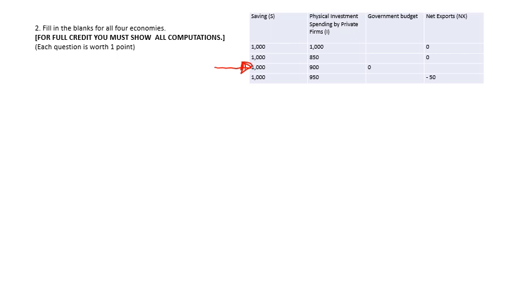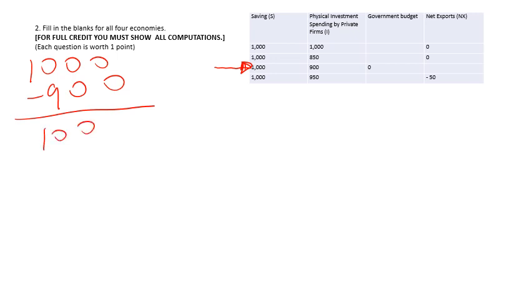All right, this is the third situation. So what do we start off with? We start off with $1,000 billion in our financial pool. That would be an injection. How much is withdrawn by firms because of their physical investment needs? It's 900. So what's left in the financial pool is $100 billion.